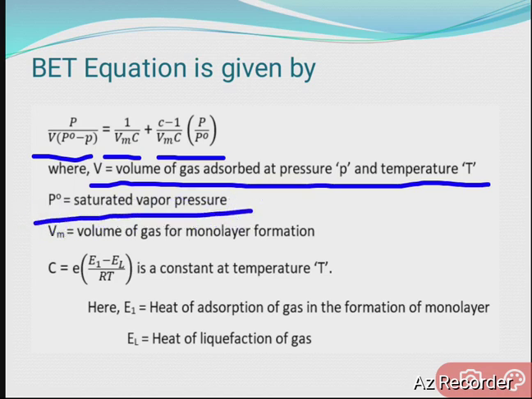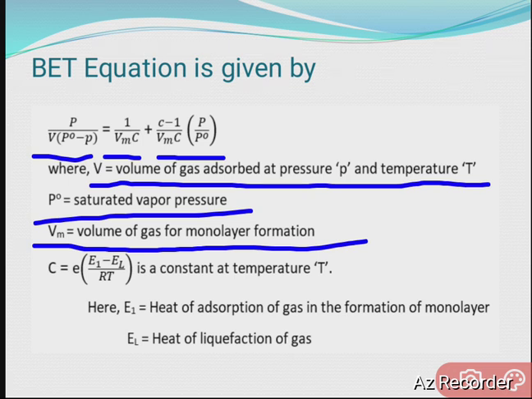Vm is the volume of gas for the monolayer formation, meaning for the first single layer formation how much volume of gas is required, that is represented as Vm. The total volume can be represented as V itself.